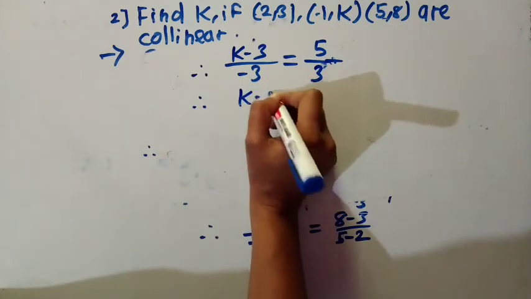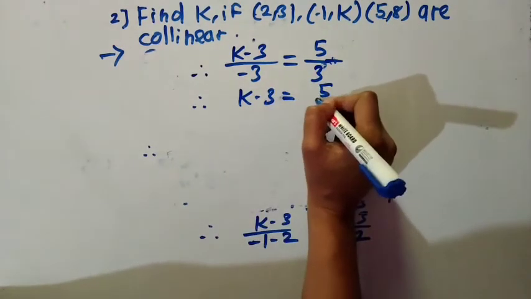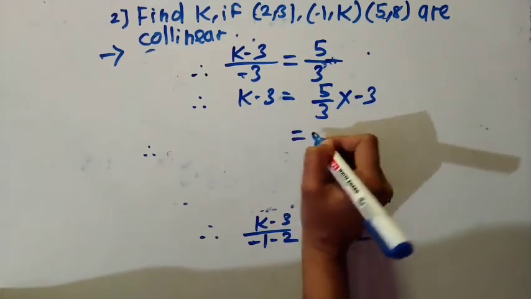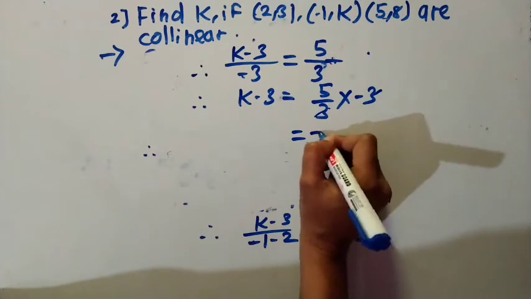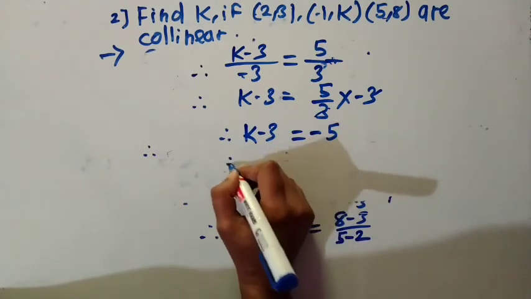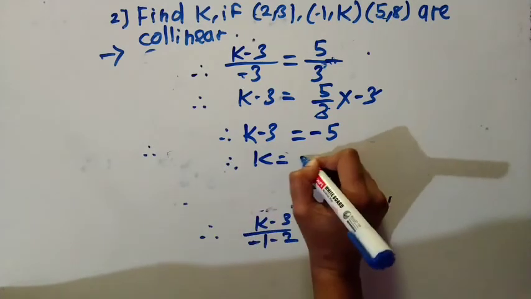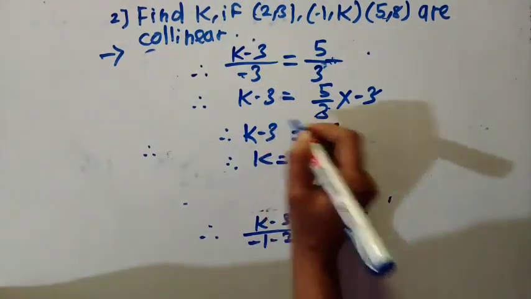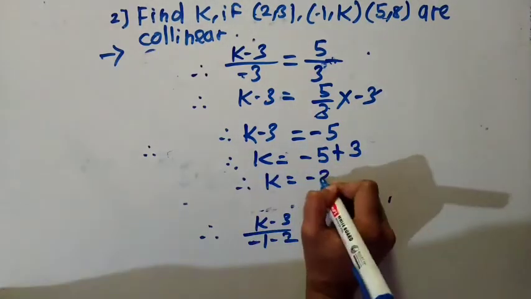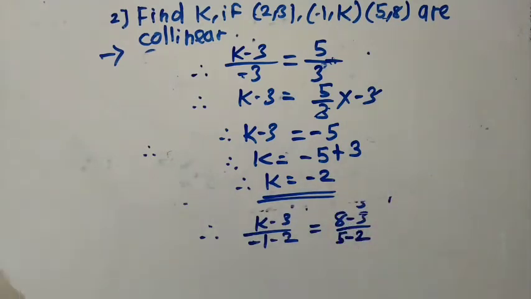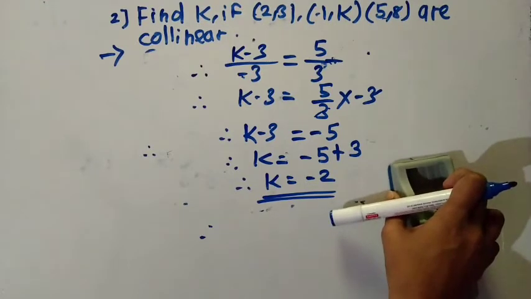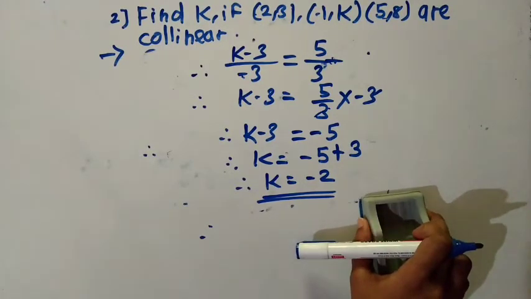Hence we get k minus 3 is equal to 5 upon 3 into -3, hence we get -5. Hence k is equal to -5 plus 3, hence k is equal to -2. Hence we get the value k is equal to -2.